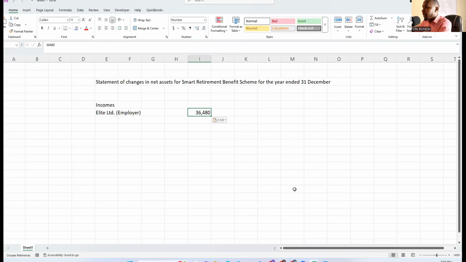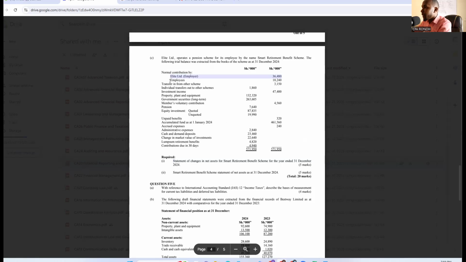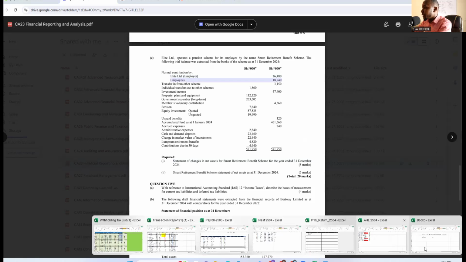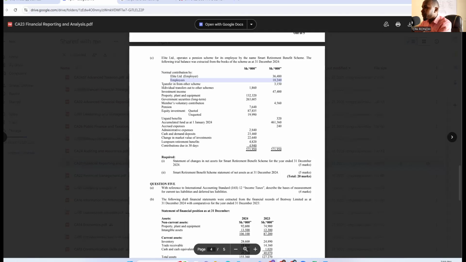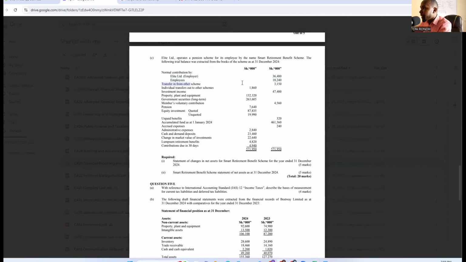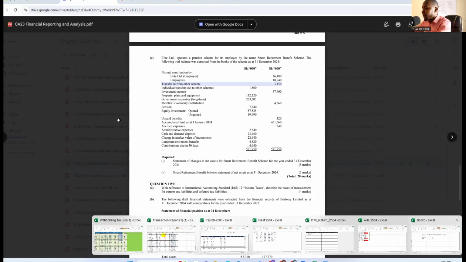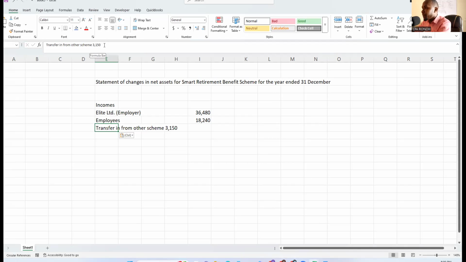We also have the employees' contribution. And then we have the investment income. We also have transfer in from other scheme. It is also an inflow in this case, which is why it is on the credit side.